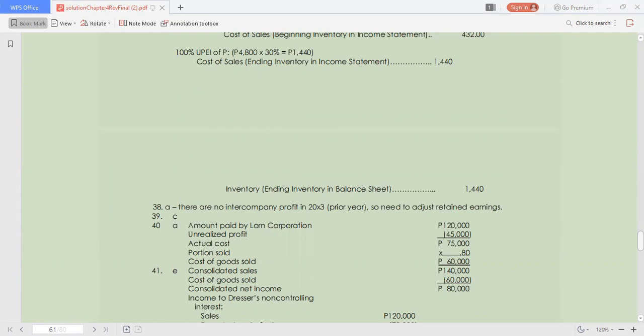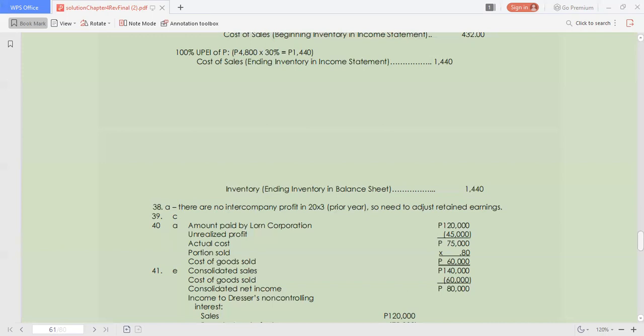What amount of sales will be reported in the 2024 consolidated income statement, considering that the companies had no other transactions during 20x4? The amount of sales to unaffiliated companies was 140,000. So that's the amount to be shown in the consolidated income statement.